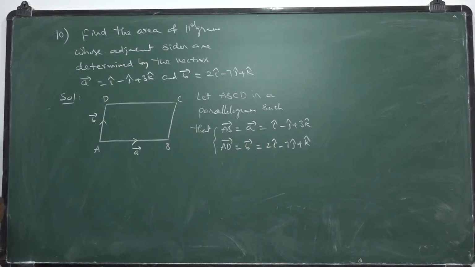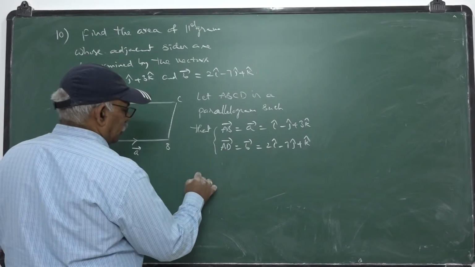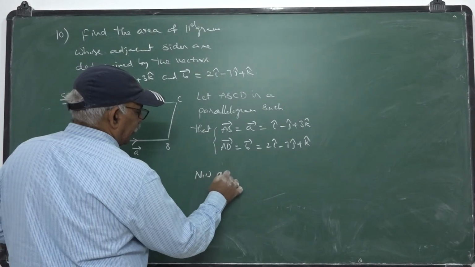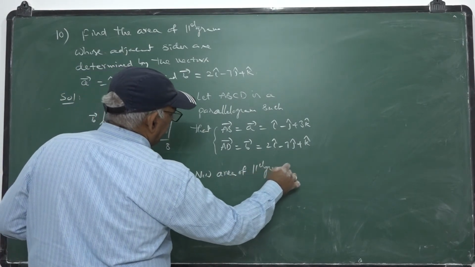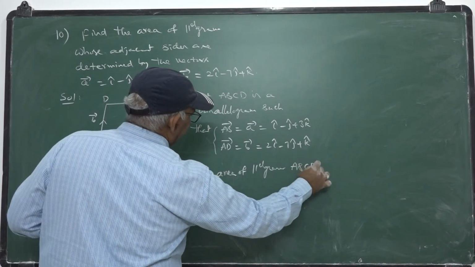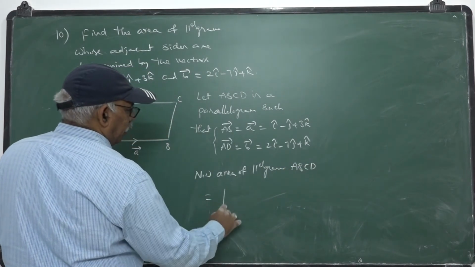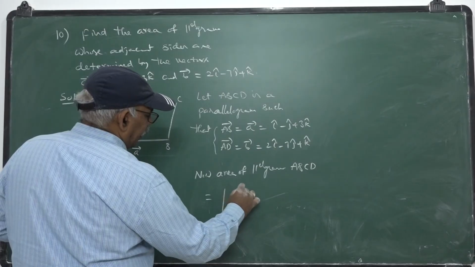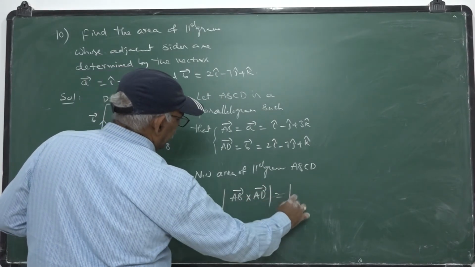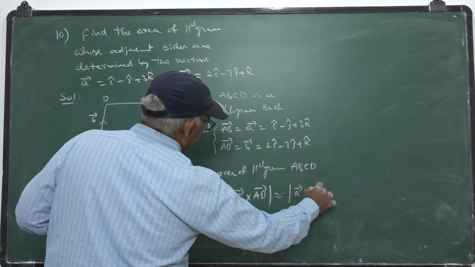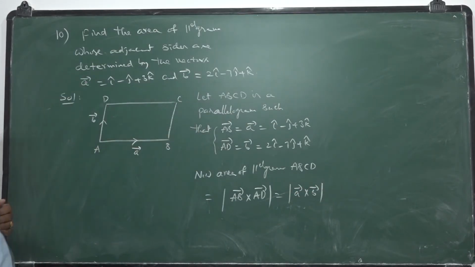Now the area of the parallelogram ABCD is given by modulus of AB bar cross AD bar itself, that is modulus of a bar cross b bar itself.